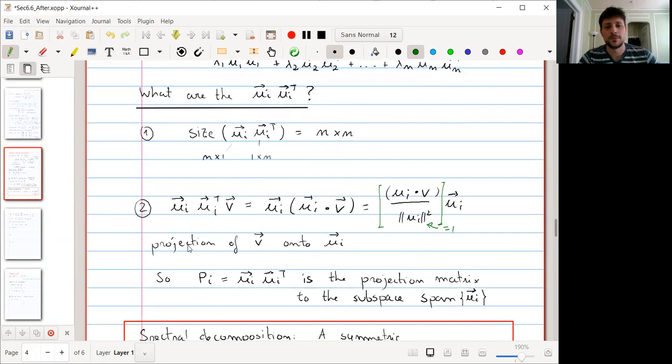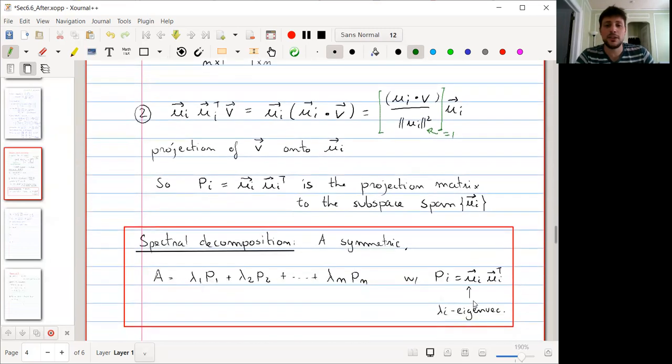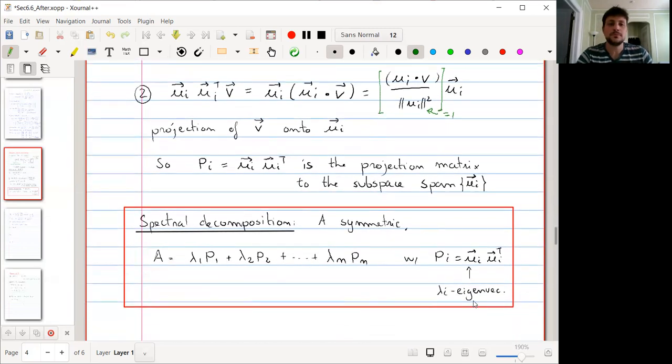That's what's written here. Multiplying v by ui ui transpose projects it down onto ui. In other words, if we call Pi the matrix ui ui transpose, this is a projection matrix onto the subspace which is spanned by the eigenvector ui. This is the spectral decomposition.